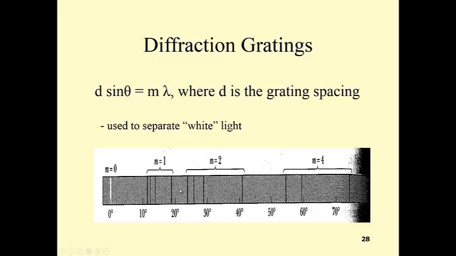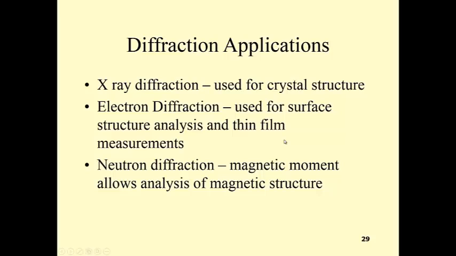That is because the grooves in a CD are very, very small, similar to a diffraction grating. So we can use that same expression, d sine theta equals m lambda, but this time d, instead of being the slit separation, is the grating spacing. So it's talking about those slits in the diffraction grating. And it's used to separate white light into different colours.